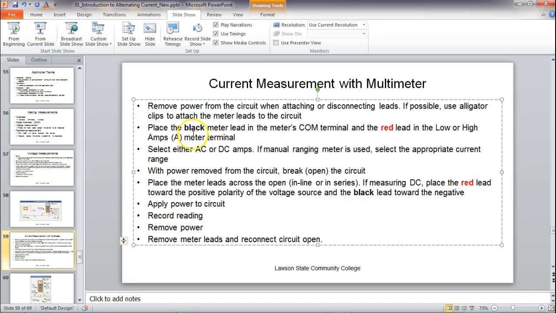Okay, on the meter, we put the black meter lead in the common terminal of the meter. We put the red lead in the amp reading terminal. Now, normally on some ammeters you have multiple terminals. You have one specifically for milliamps, and another for amps.